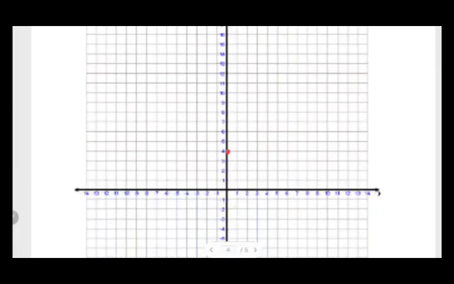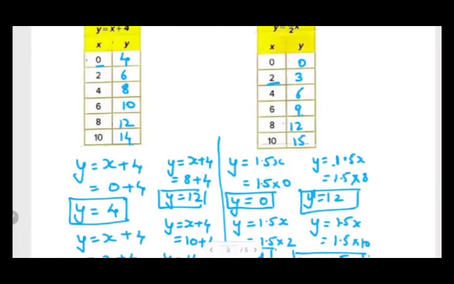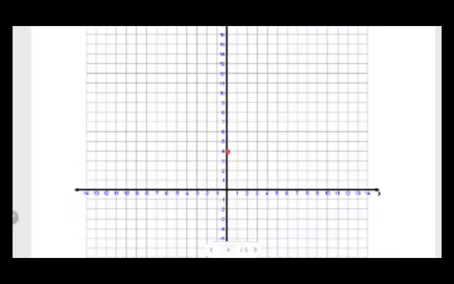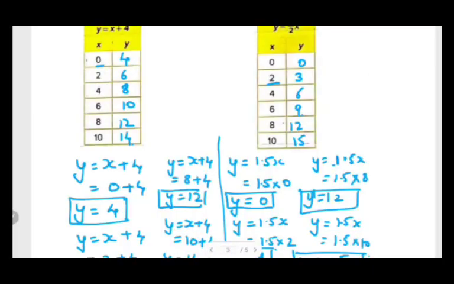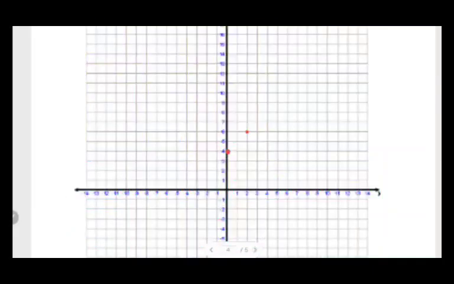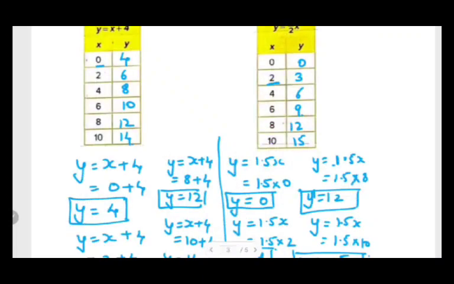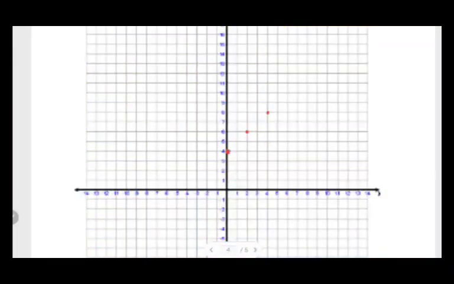Okay, then comes 2 and 6. Here we go. We have 4 and 8. Then 6 and 10.